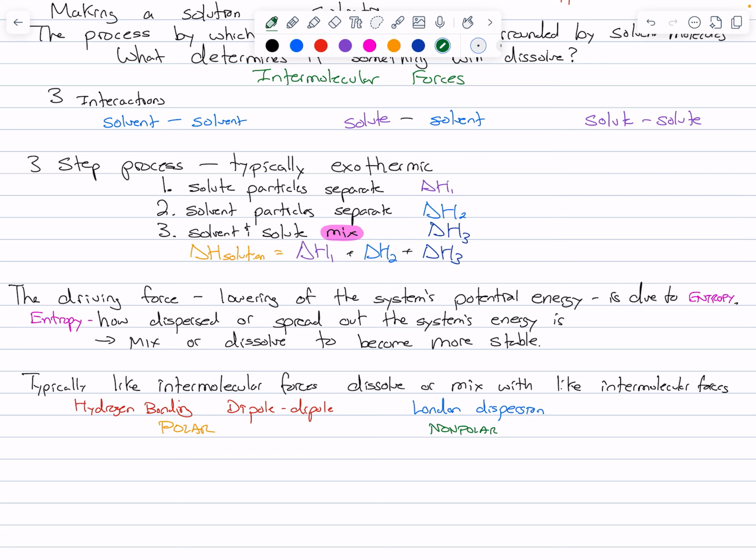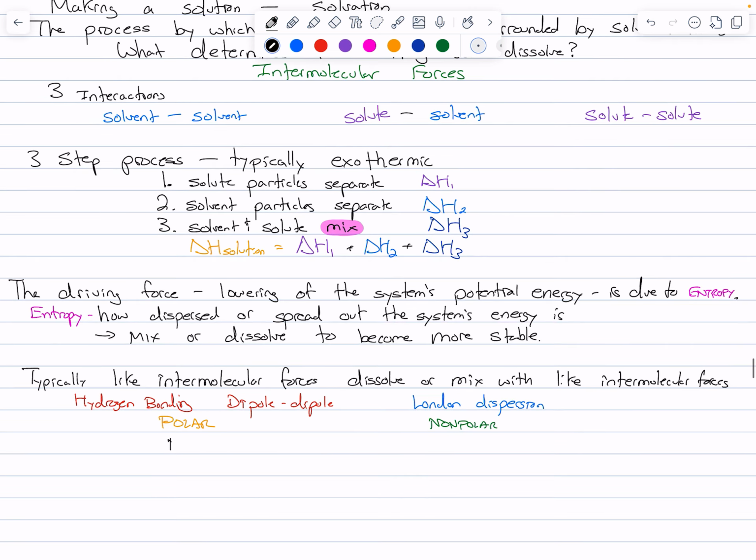And so, two words: miscible and immiscible. Miscible means they mix, and immiscible means they do not mix. That kind of makes sense. So, the general rule: like dissolves like.